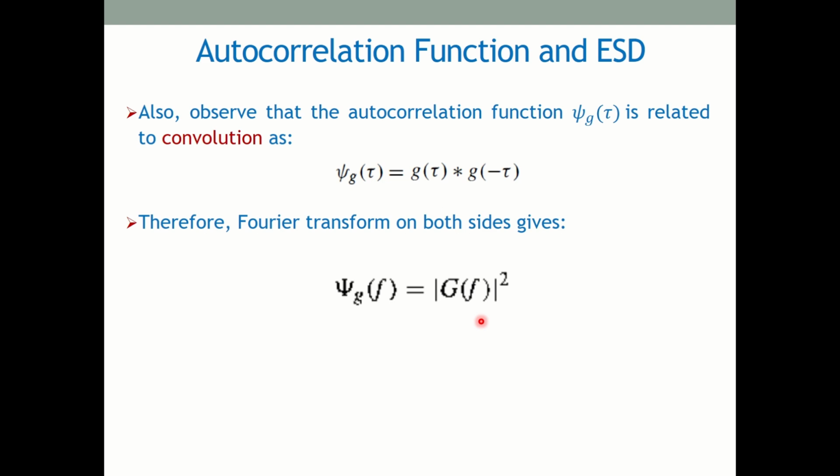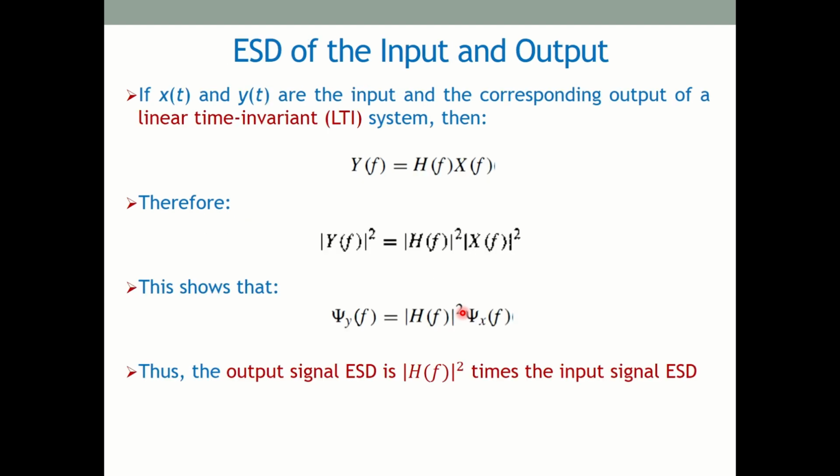So this is another method of proving that the Fourier transform of the autocorrelation function is equal to the energy spectral density. So this is one part, and then we have how this energy spectral density behaves in the presence of a system. Let's say x(t) and y(t) are the input and the corresponding output of a linear time invariant system.